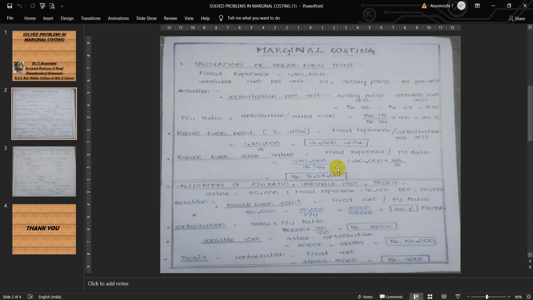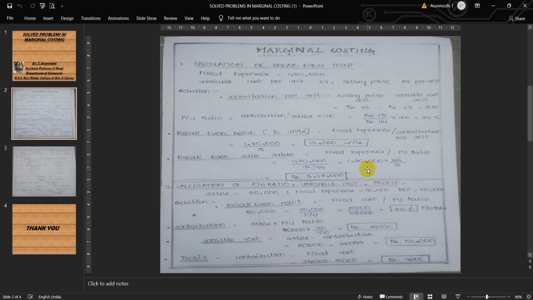Another formula, break-even point in rupees, is equal to fixed expenses divided by PV ratio. It's equal to rupees 1,80,000 divided by 15 by 44, or in the reverse 1,80,000 into 44 divided by 15, is equal to rupees 5,28,000. We get the answer.